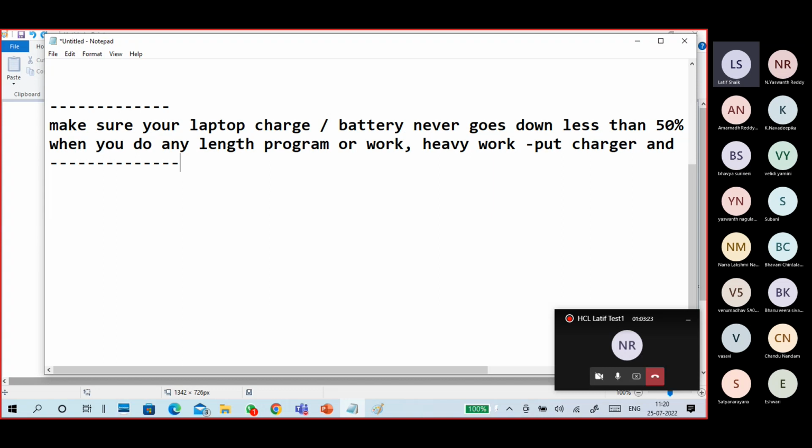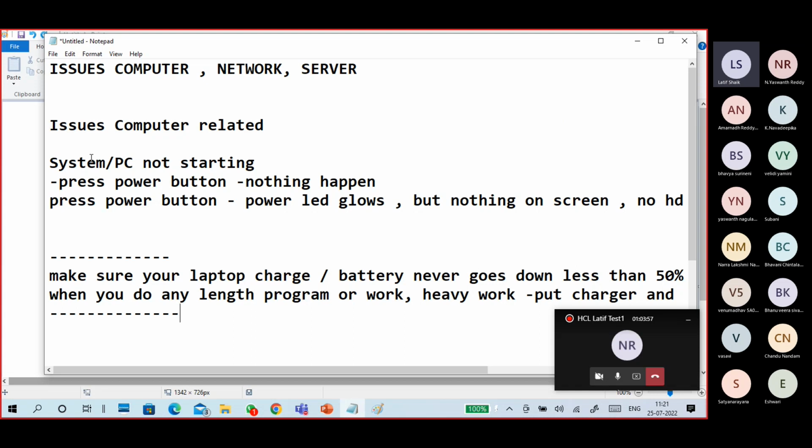At that time, close any background applications, unnecessary applications. Battery consumption will be reduced because the processor doesn't require more power. Reduce the brightness too, so power consumption will be reduced. Compulsorily, these two points are added here.